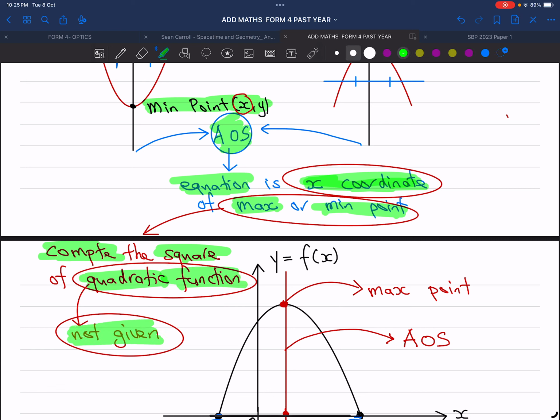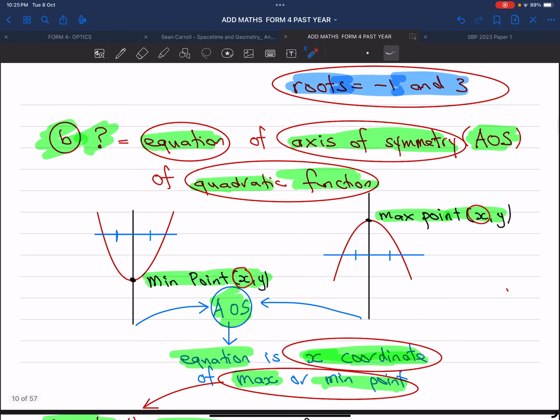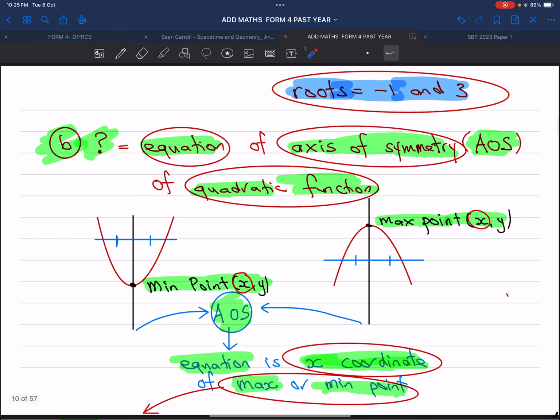So if the quadratic function is not given, we must use a property of the axis of symmetry. The axis of symmetry will divide the line into two equal parts, so this part is equal to this part.